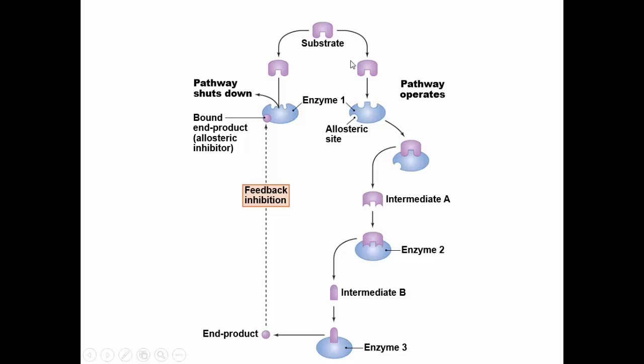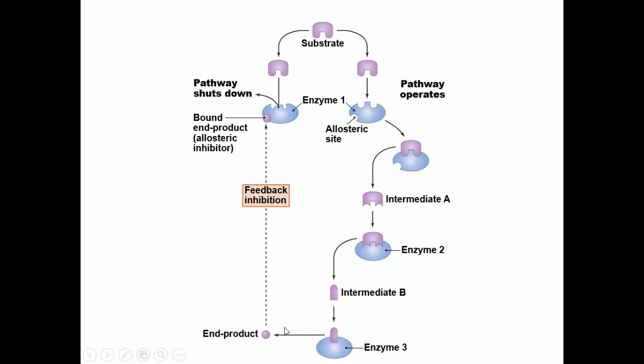This substrate eventually turns into this end product, but it is a three-step process. Enzyme 1 acts, you get this molecule, which reacts with enzyme 2, and you get this molecule, and this molecule reacts with enzyme 3 to give you this molecule.